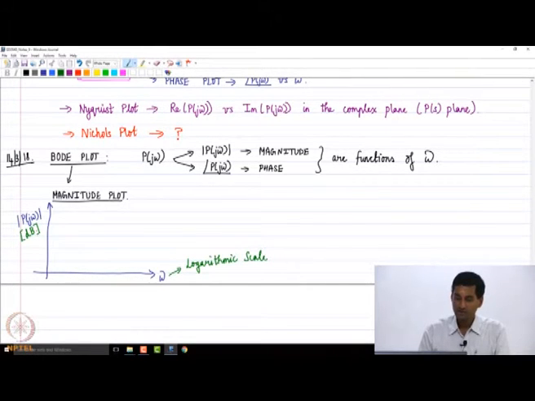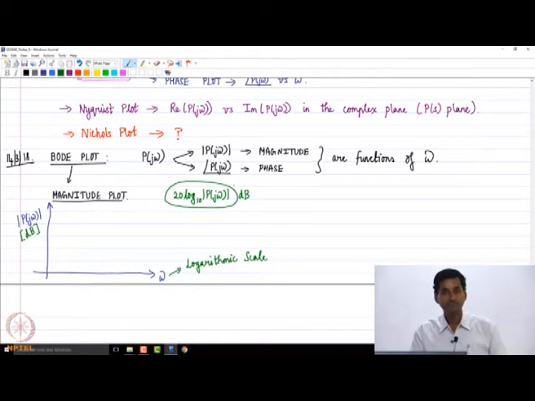So how do we get the decibel measure? Given a P of j omega, we take its magnitude and then take the logarithm to the base 10 and multiply it by 20, to get the equivalent magnitude in decibel units.